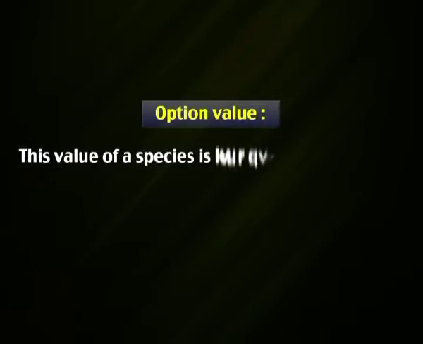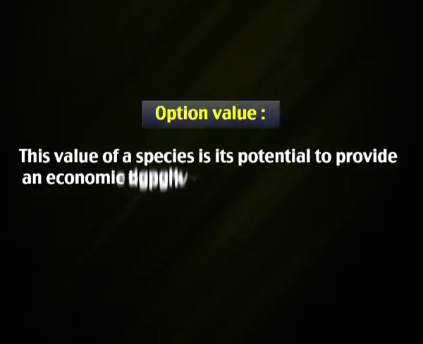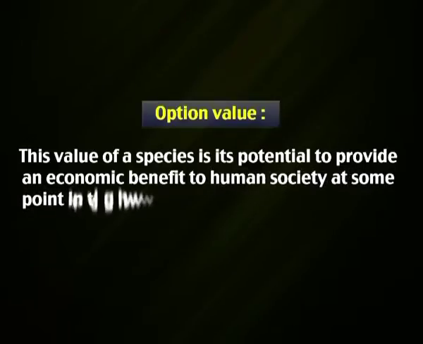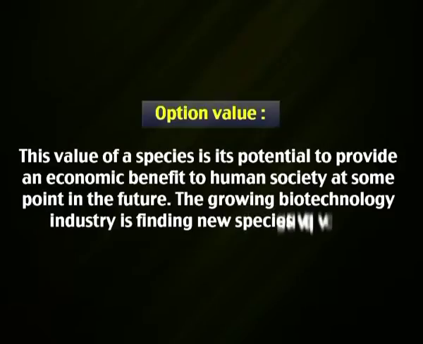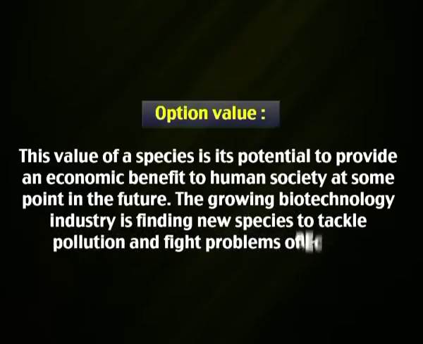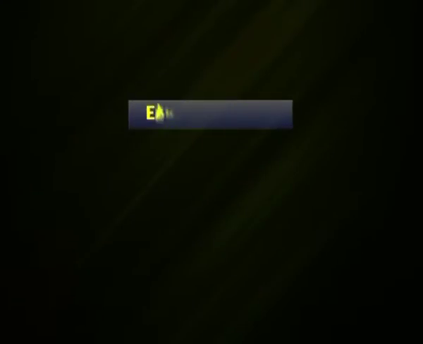Number 2. Option value. This value of a species is its potential to provide an economic benefit to human society at some point in the future. The growing biotechnology industry is finding new species to tackle pollution and fight problems of cancer, AIDS, etc. Number 3.